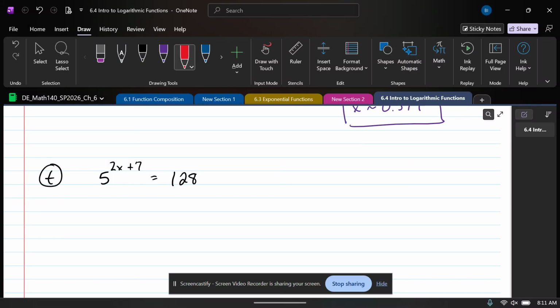Log base 5. So you use that log base 5 of 5 to the 2x plus 7, and then you log base 5 the other side. The beautiful thing is on the left-hand side, the log base 5 cancels out the base 5. All you're left with is that exponent.